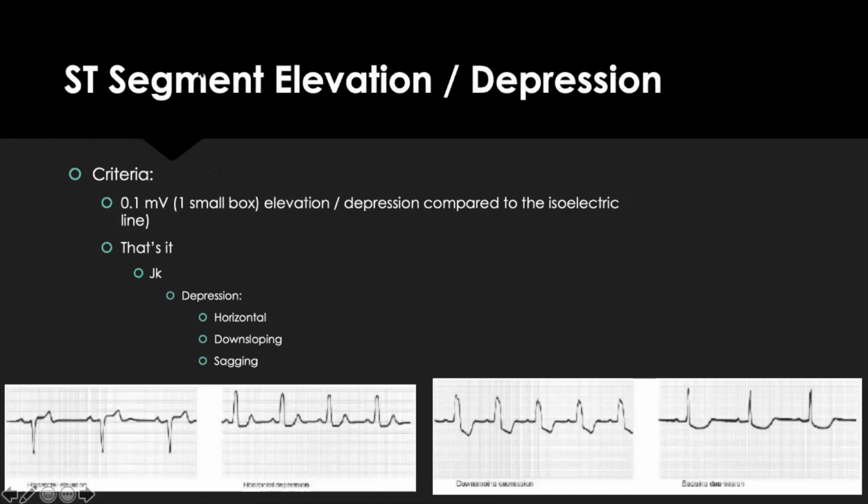ST segment elevation and depression, basically if it's 1 small box elevated or 1 small box depressed, then it might be ST segment elevation or depression. And you compare that to the isoelectric line right here, and this one definitely has ST depression because it is more than 1 small box below. And then same with this, ST elevation. This is more than 1 small box above the isoelectric line.